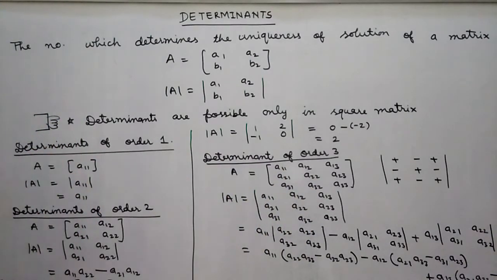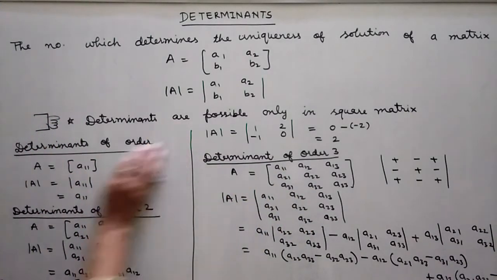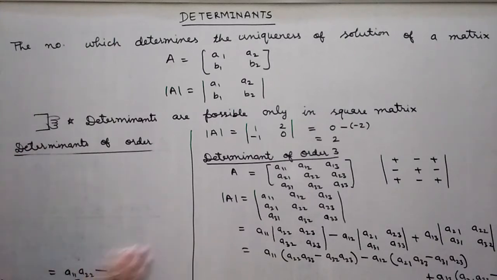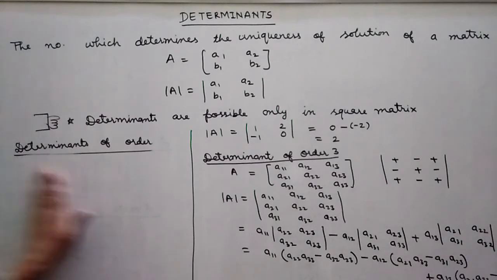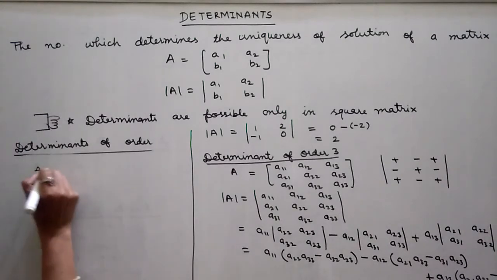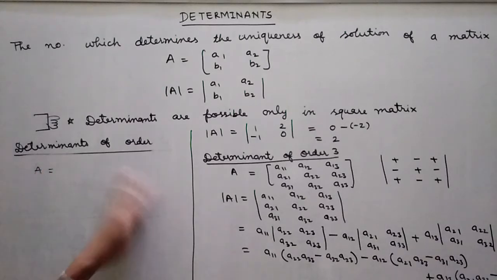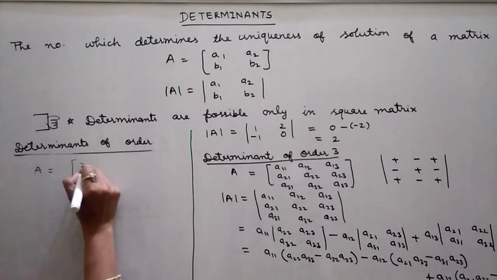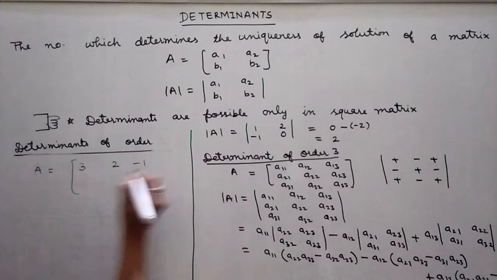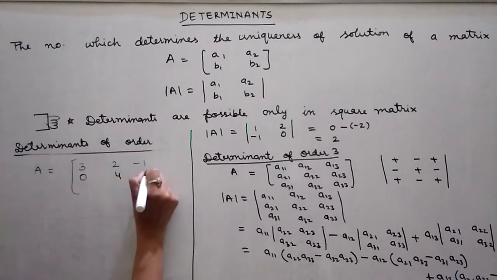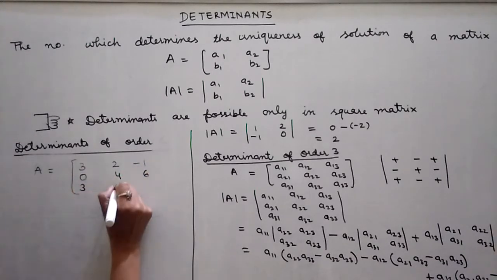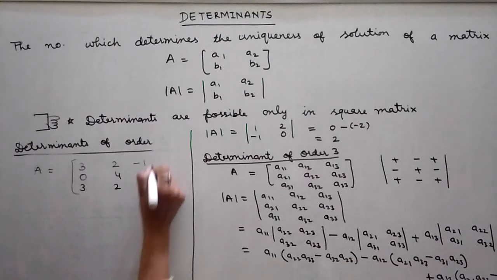Let us suppose we have a determinant of order 3. Let us suppose A is equal to any determinant. We take the matrix 3, 2, minus 1, 0, 4, 6, 3, 2 and 0.